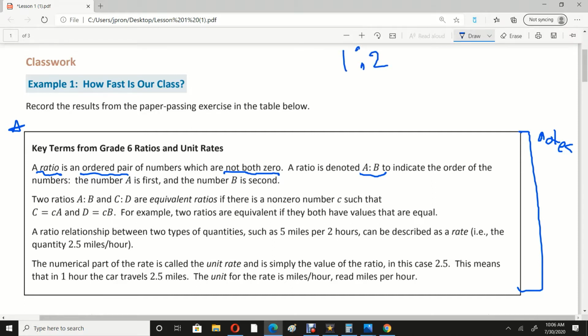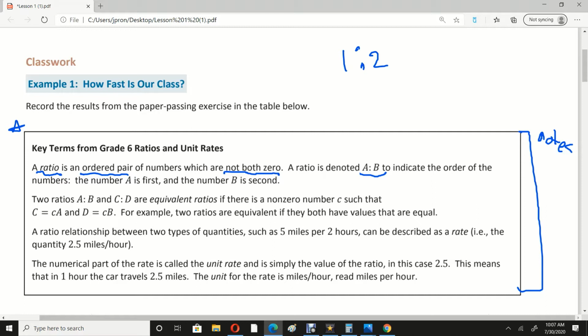Maybe some of you have seen things like odds for sporting events, like a 1 in 3 chance of winning. So a ratio is denoted with a little colon in between a number and another number. Usually it can be variables as well. It's denoted as A colon B to indicate the order of the numbers.